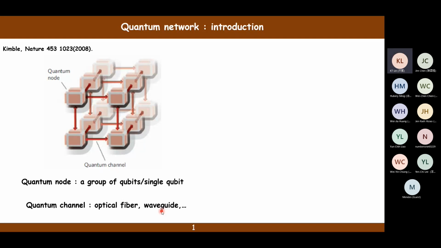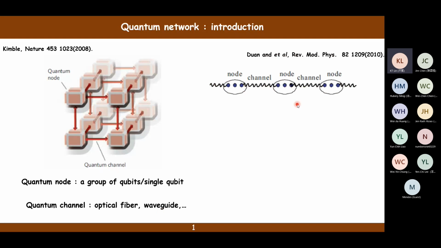So now, for example, suppose we have a one-dimensional quantum network composed of several nodes connected to the 1D communication channel, or quantum channel, and one can perform a quantum process in each node locally.